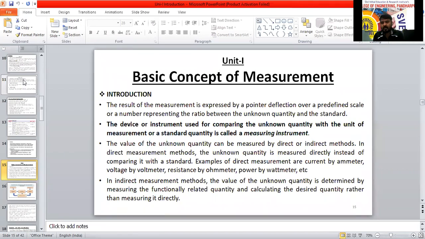Last class we told you how many units there are, how many sections there are, and how much time each section is going to consume for preparation. Can anyone tell how many units are there in total? Six.